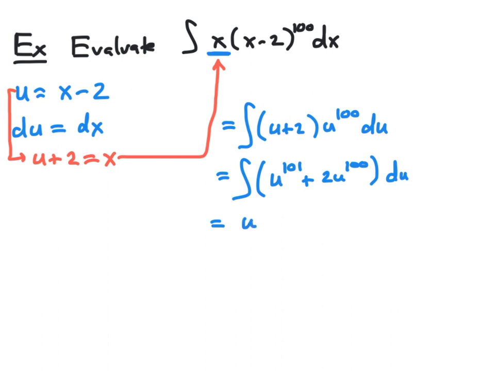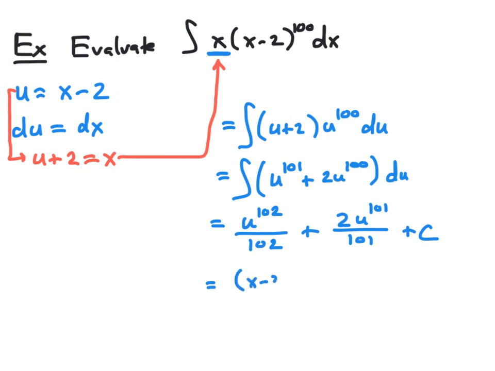So this will give us u to the 102nd power over 102, plus 2 times u to the 101st power over 101, plus c. And our last step, as always with substitution, is to go back to the original variable. So in this case, we replace u with x minus 2.